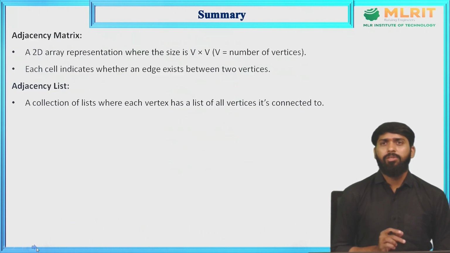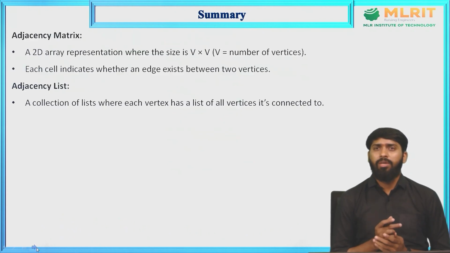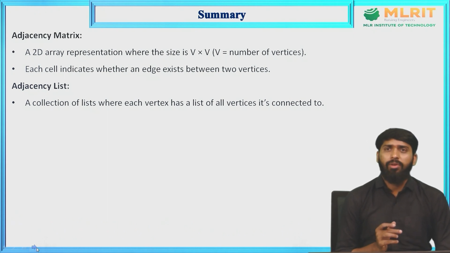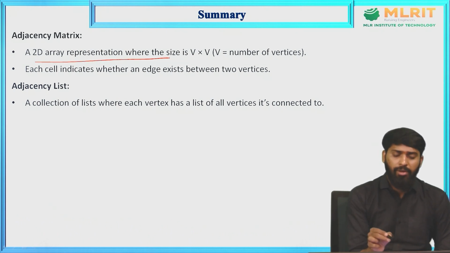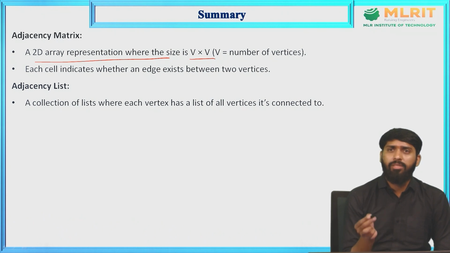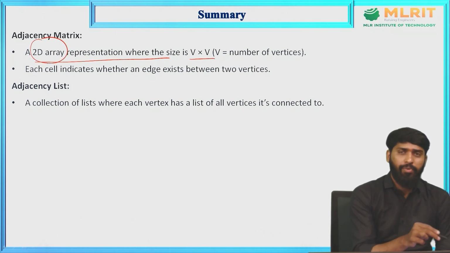Okay, coming to the summary of the session. In this session, we learned how to represent a graph using adjacency matrix and how to represent a graph using adjacency list. An adjacency matrix is a 2D array where the size is V into V. V means number of vertices. If V equals 5, then we consider a 5 into 5 2D array.